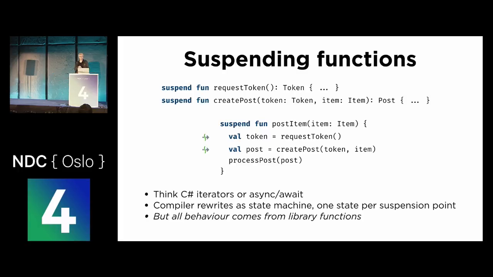So when C# is working with yield return, it rewrites your code and does yield return. It doesn't allow you to do anything else. If you want to use async await, it's a different process to build a different state machine, and it'll return back Task of T or items that look like Task of T. Whereas Kotlin will basically just do the mechanical state machine rewriting and then leave everything else up to library functions.